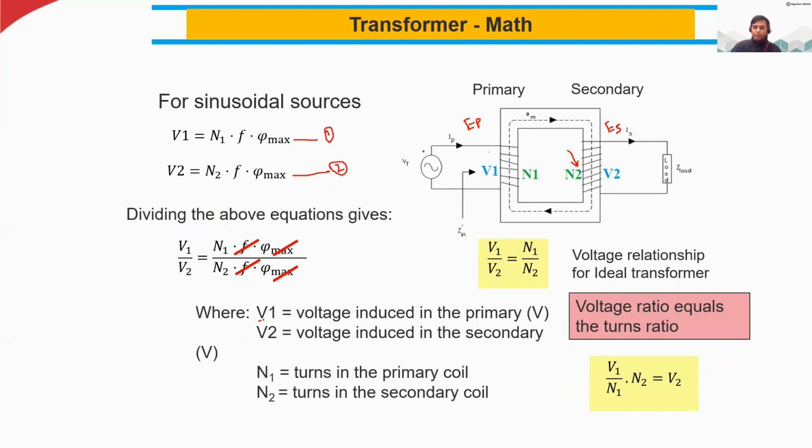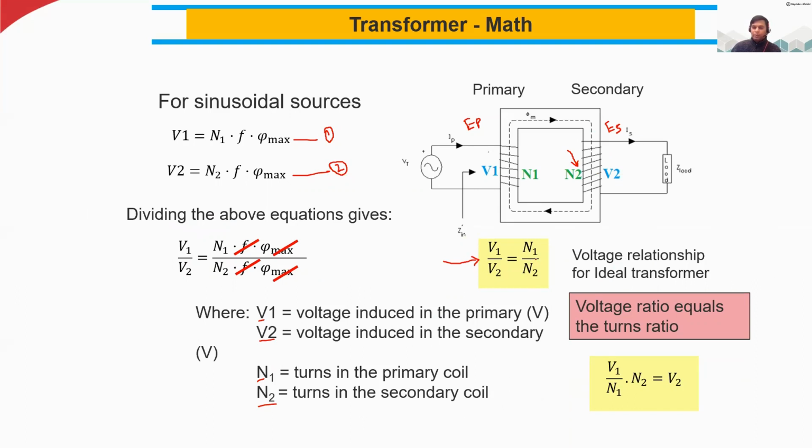This is the voltage relationship for ideal transformers. So already you know what V1 is, what V2 is, and similarly what N1 and N2 are. Now, based on this equation, you can easily find the induced voltage in the secondary winding, V2. If I want V2, then what should I do? Here you can see this equation. V2 can go here, and N1 by N2 can come to this side.